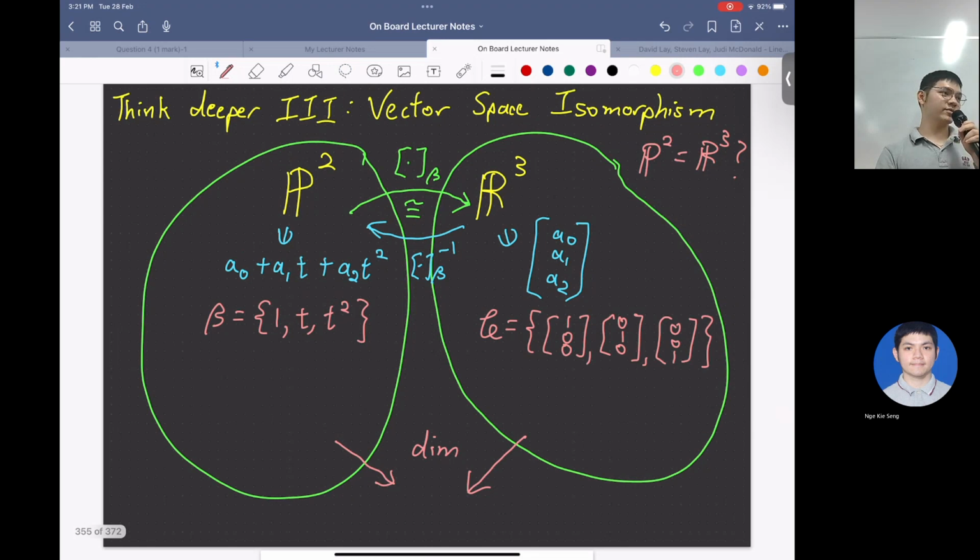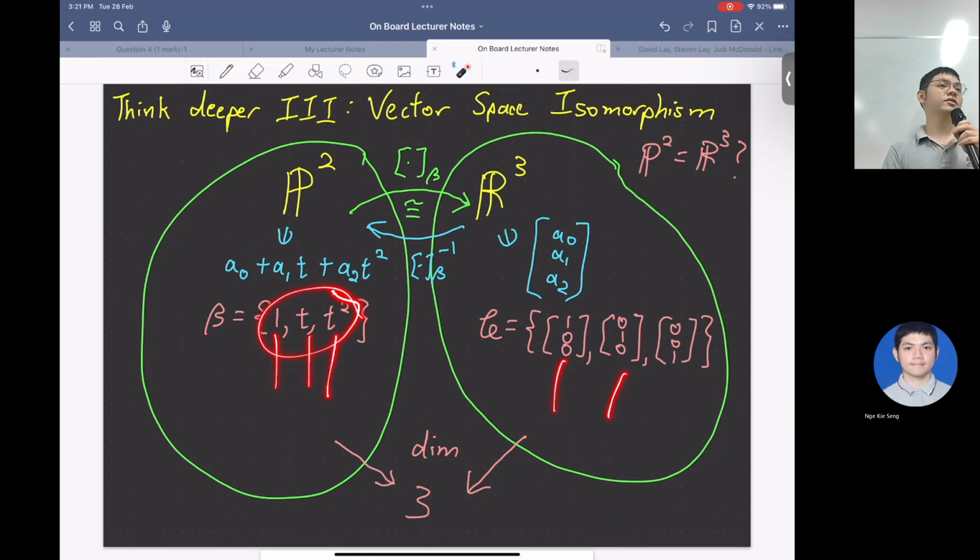What's the dimension of the two spaces? 3, because the dimension is the number of basis elements. How many basis elements? 1, 2, 3. So they both represent 3, but they are different.